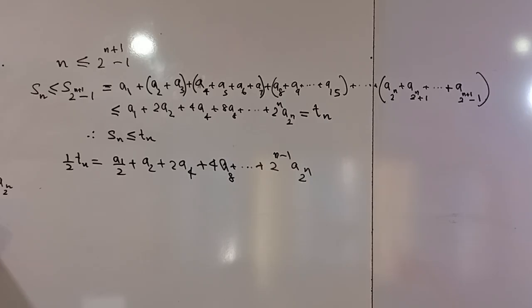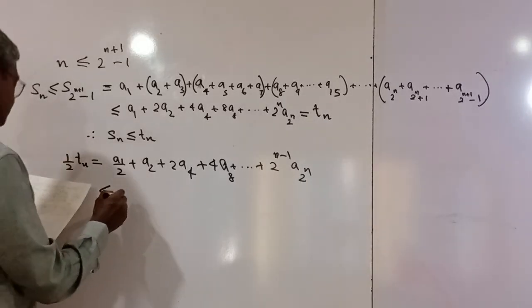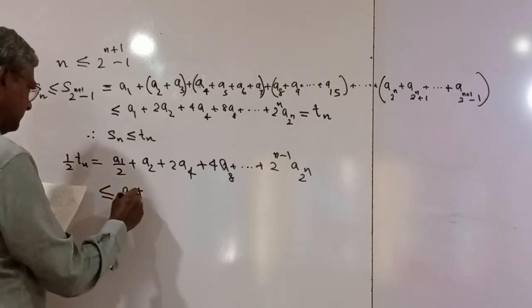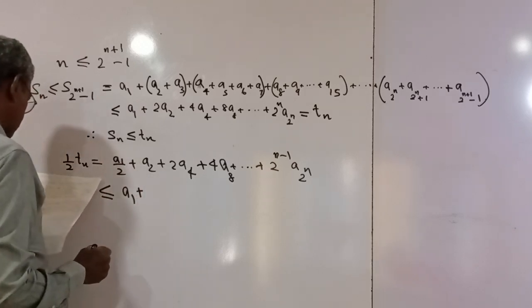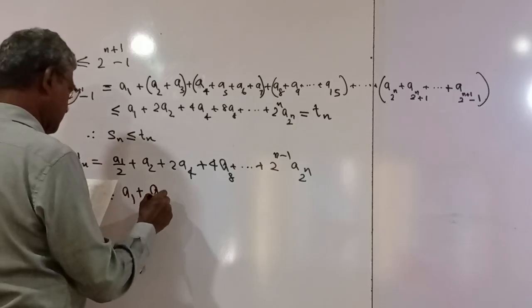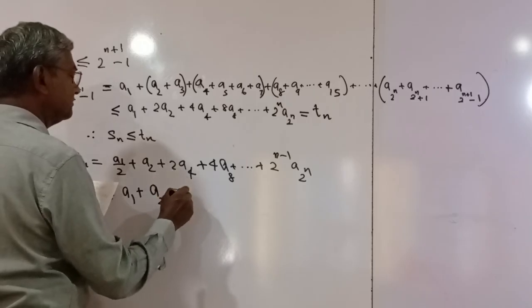So you get this thing. So you can say, however, this is less than or equal to A1 by 2, less than or equal to A1, A2, then A2, 2A4 less than or equal to A3 plus A4.